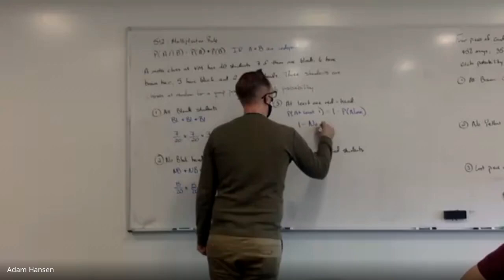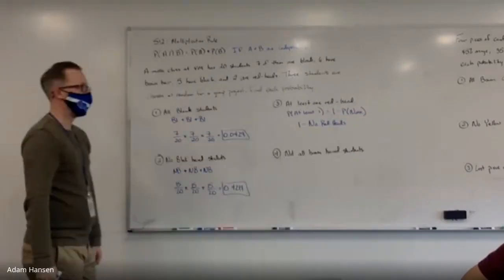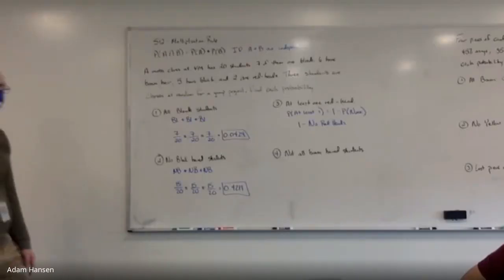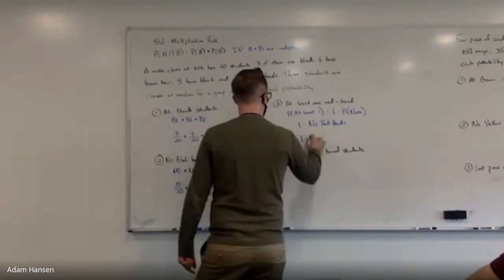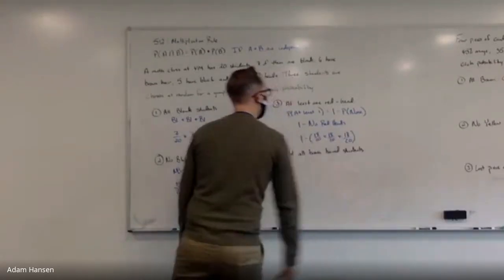Okay? So 1 minus no redheads. How many redheads are there? 2. Well, how many redheads aren't there? 18 out of 20. So it's 1 minus the quantity 18 out of 20 to the 3rd power, with 2 redheads leaving me 18 non-redheads.